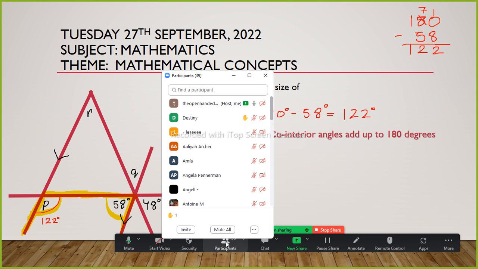Yes, Miss Destiny, go ahead. Good afternoon, Mr. Pizzy. For an angle that is vertically opposite, what if it has no degrees? Would you have to take 180 in the workings if it's 4 angles? Okay, with this one, you can see exactly how we're going to do it to get Q. Let me show you what vertically opposite angles means first, and then I can answer your question.